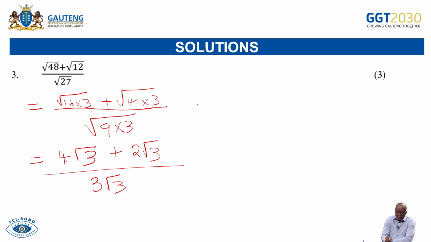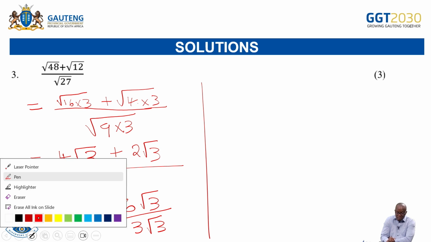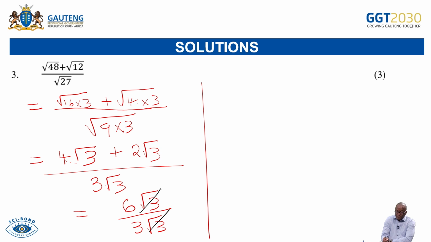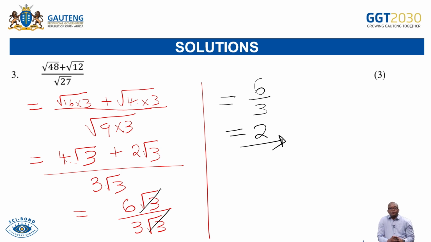Then what will happen here is to now add them, because the two are like terms, which is going to be 6 root of 3 divided by 3 root of 3. Then simplifying, we have 6 over 3, which is 2. So that's how you basically deal with this.